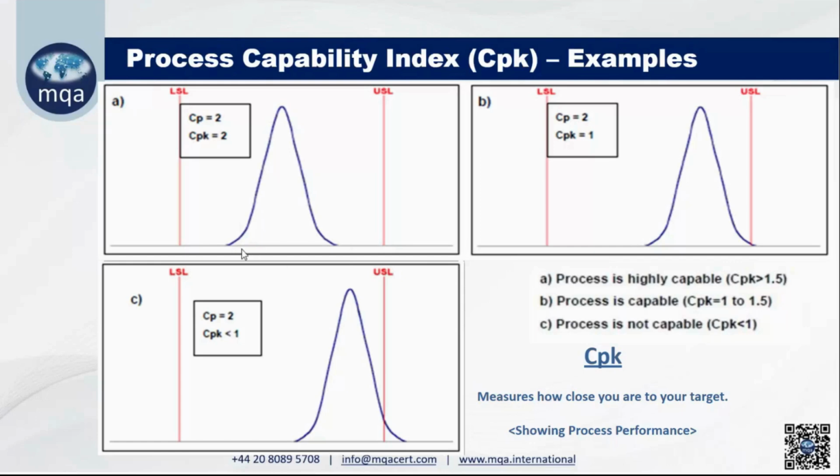Even if our width is small, but the center is shifting, then this will touch here, right? If our center is shifting this side, this will touch here. If our center is shifting this side, this will touch here. There will be no rejection because we have more margin, but our process is shifted, right? So process capability is the width, and the index is the central.